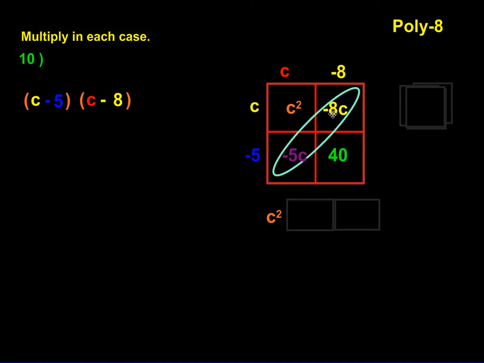I need to switch now to addition, in which case the negatives stay negative, and 5 plus 8 is 13, and the c comes down. So you have negative 13c. And my 40, which is positive, just attaches at the end. So the answer to number 10 is c squared minus 13c plus 40.